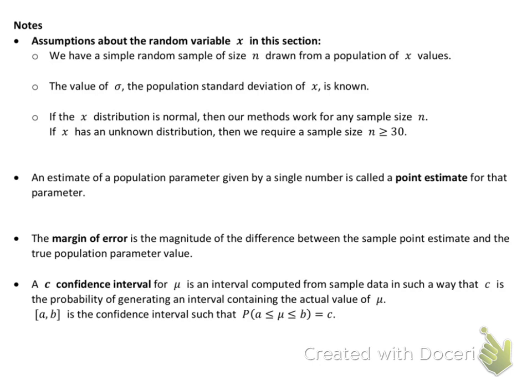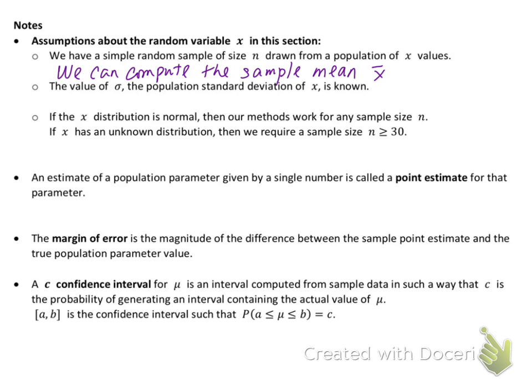So you draw a size n sample, and you get the x values so that you can compute the sample mean. And that's x bar, the mean of the x values.